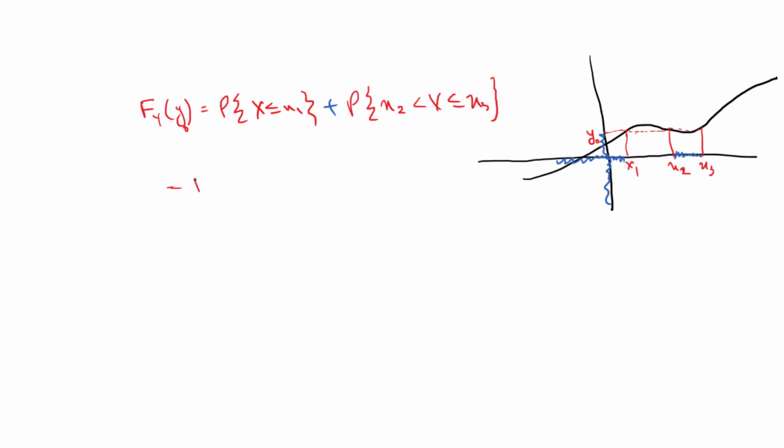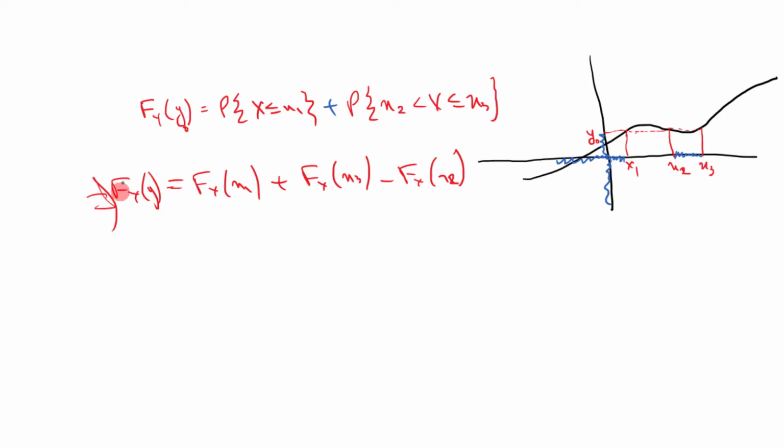It will be equal to fx of x1 plus fx of x3 minus fx of x2. This will be the distribution fy of y naught for this non-monotonic function.